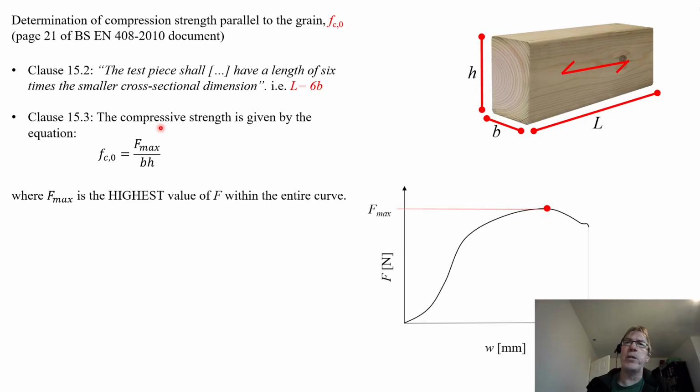Clause 15.3, pardon me, the compressive strength is given by this equation: fc,0 equals F max divided by bh. bh is just the area, and F max is the highest value within the entire curve. So you just find the F max there. Perfect.